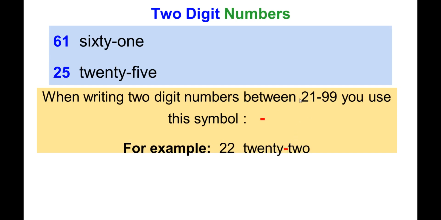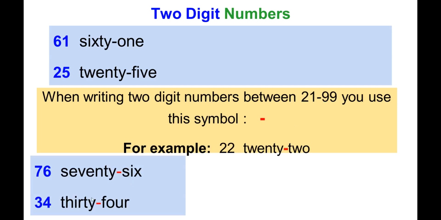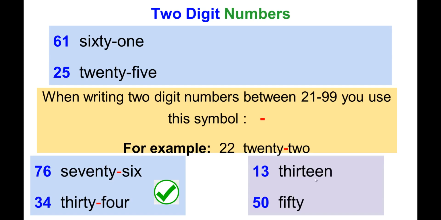And these are the numbers between 21 and 99. More examples are 76 and 34. But be careful. As we said, it's from the numbers 21 to 99, so the teen numbers don't get the hyphen. And also, the numbers like 50, 40, 30 do not get any hyphens when writing them.